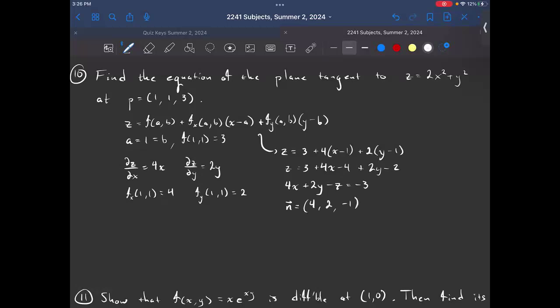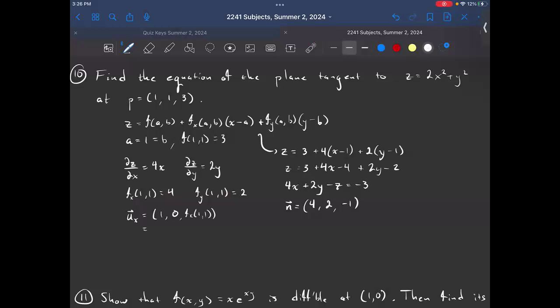And another thing that we can do here is check that we actually get a normal vector in the same direction as this one by crossing the vectors from the derivatives, so our tangent vectors. Our tangent vectors are going to be ux, that is, 1 in the x direction, 0 in the y direction, and then fx of 1, 1.